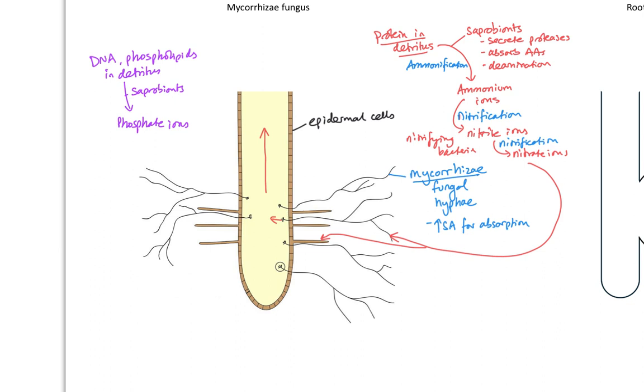And then the phosphate ions can be taken up by the mycorrhiza or the root hairs. They're going to get into the plant and they're going to go up here. So in this xylem, I've got nitrates, NO3 minus, and I've got phosphates, PO4 3 minus. You can see that the nitrogen is changing form.